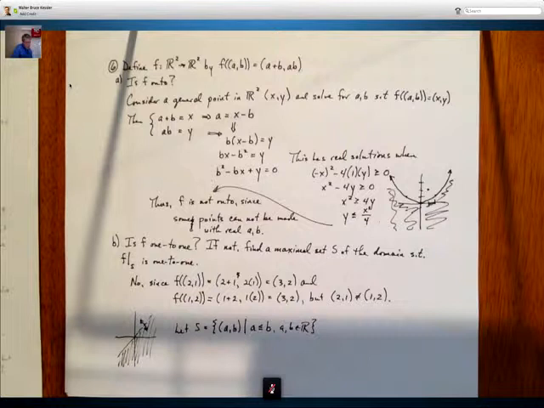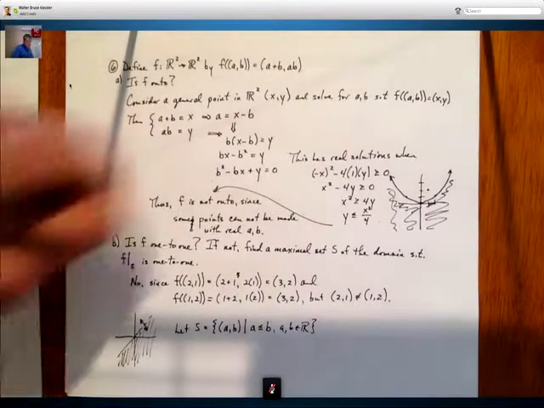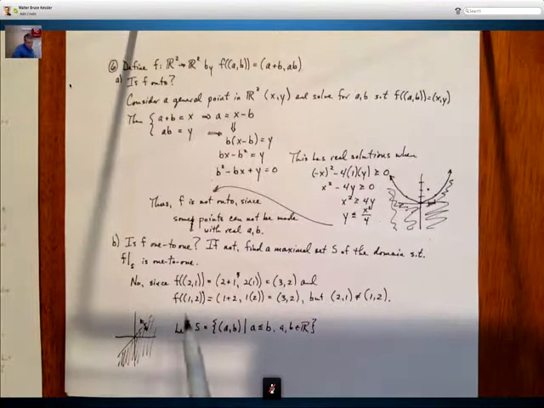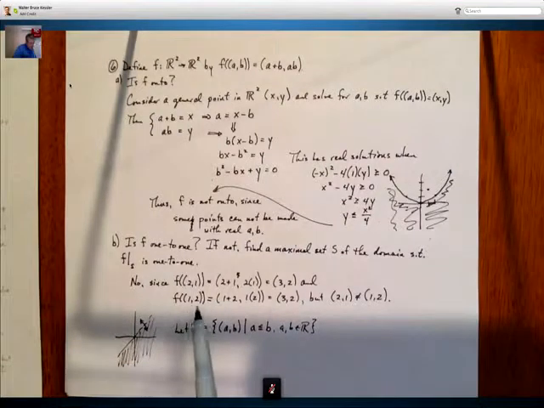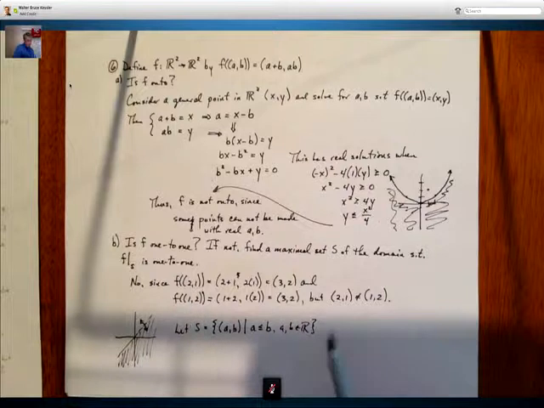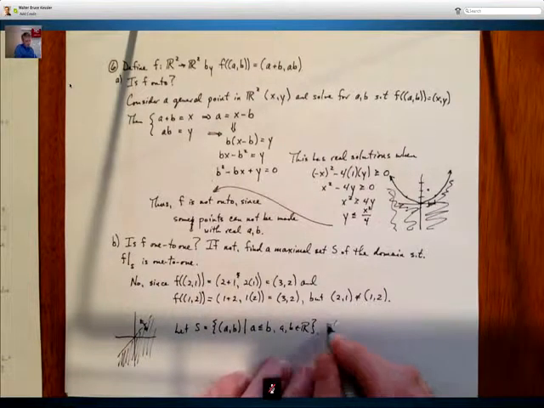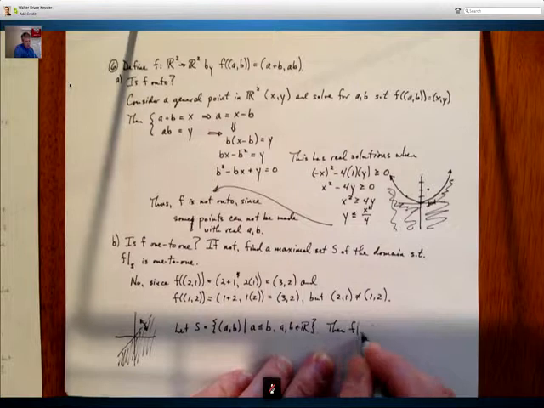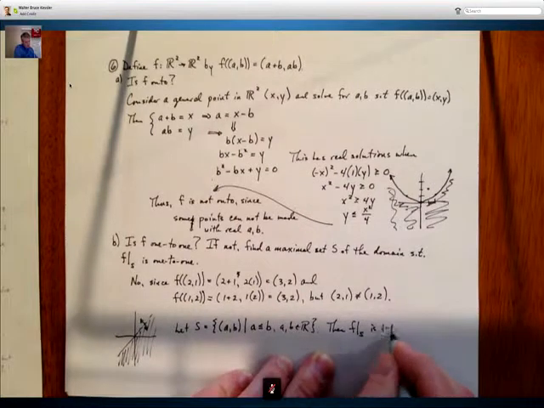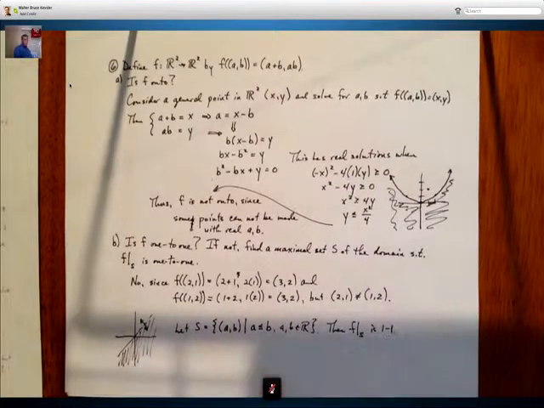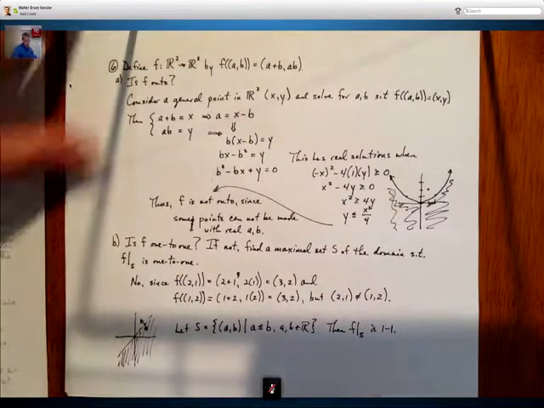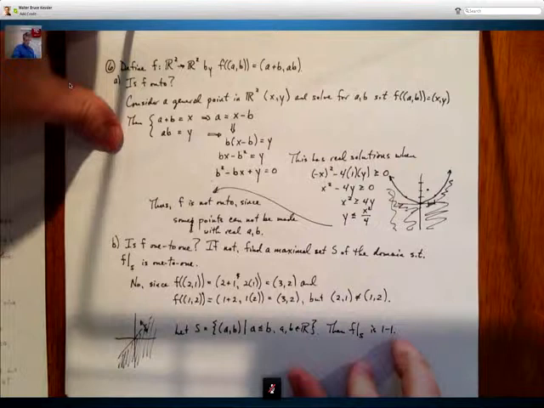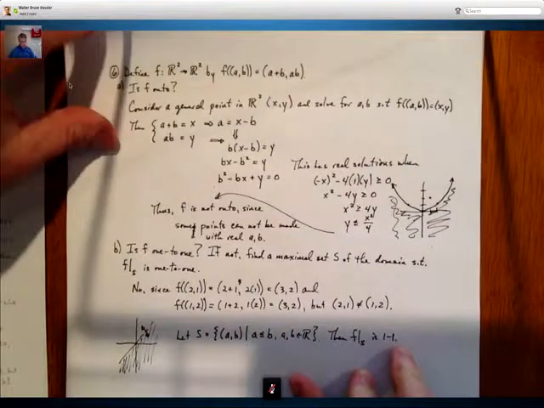So anyway, either one of those will eliminate this business of turning it over, right? 1, 2 would be in the domain, but 2, 1 would not. Okay, then F restricted to S is 1 to 1. Okay, I couldn't pull that little flip it over thing like I did before. All right, so that is 6.